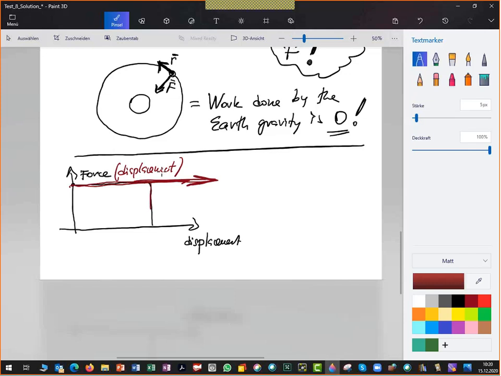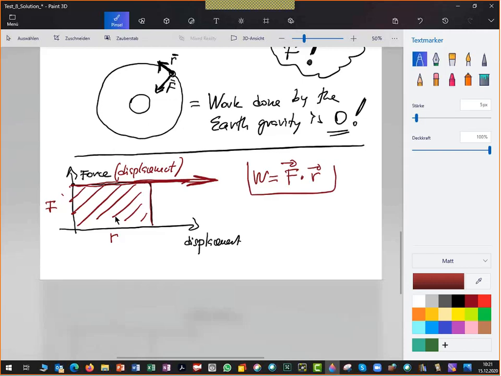Then I can calculate work as the product of force and displacement. That means here I have force and here I have displacement. And logically, the product of them will be the square of this figure, right? So I then will have a case F multiplied by R. Since they are vectors, again, I'm talking about the scalar product of two vectors.